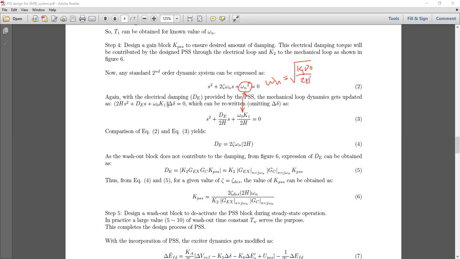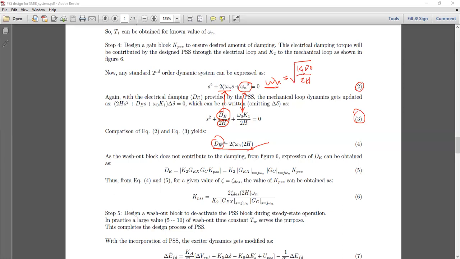So omega n remains the same. Nothing is changed with omega n, the natural frequency of oscillation. We have simply introduced some damping, and by comparing the coefficients between equations 2 and 3, DE by twice H equals 2 zeta omega n, and then DE would be 2 zeta omega n multiplied by twice H.